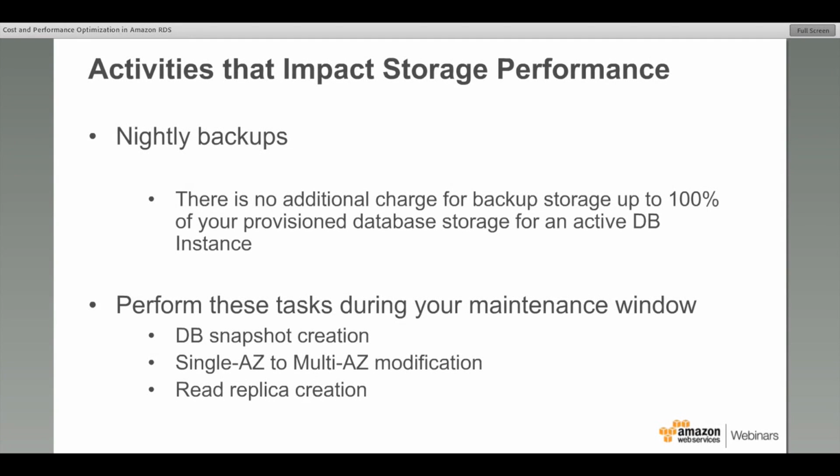This is a weekly 30-minute window that you tell us is the time when it's acceptable to do any patching activity or any kind of maintenance on that database. Now, in the vast majority of cases, no maintenance occurs. If a patch is scheduled to be applied, our goal is to provide a minimum of 2 weeks' notice, and you'll get an email when that will occur. So that's the basics of the maintenance window in a few sentences.